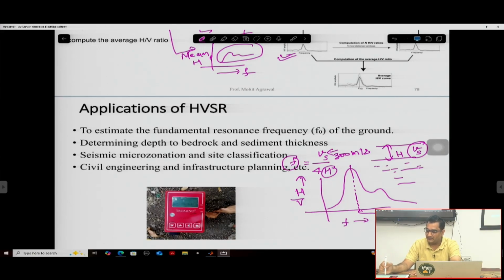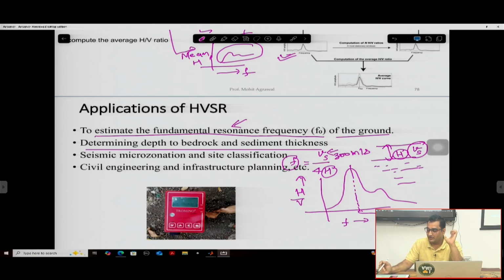That is why the applications of the HVSR curve are to estimate the fundamental resonance frequency F0 of the ground, and determine the depth to the bedrock and the sedimentary thickness. That is what we just did: we tried to find out the thickness of the soil layers. After you find the fundamental resonance frequency, that is the frequency you generally want to avoid when constructing structures or buildings in an area.